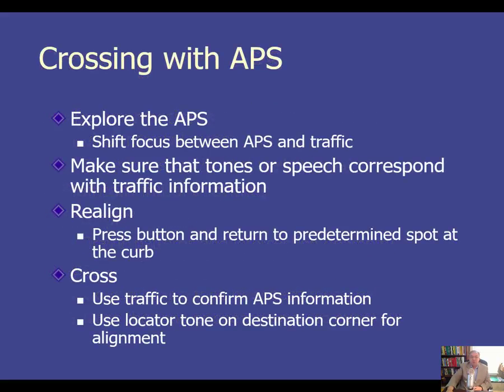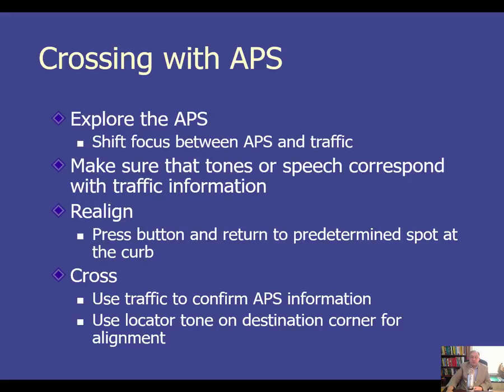The student should explore the APS and should kind of shift back and forth between the sound of the APS and the sound of the traffic, making sure that the tones or the speech do correspond with the traffic. There has to be a realignment, because after the person presses the button and returns to the predetermined spot to make a crossing, realignment has to take place.